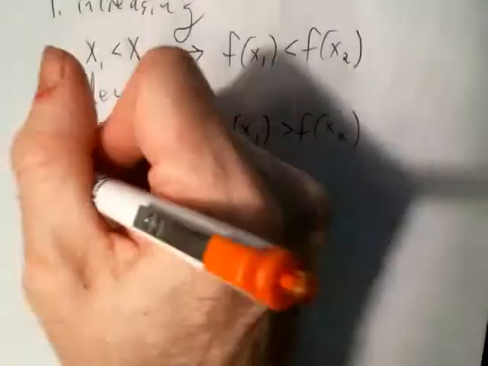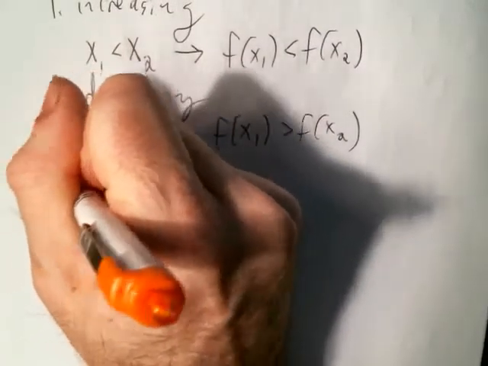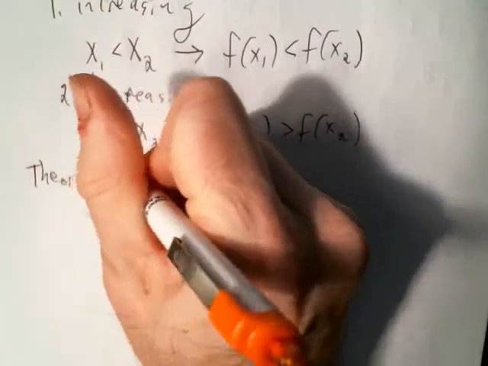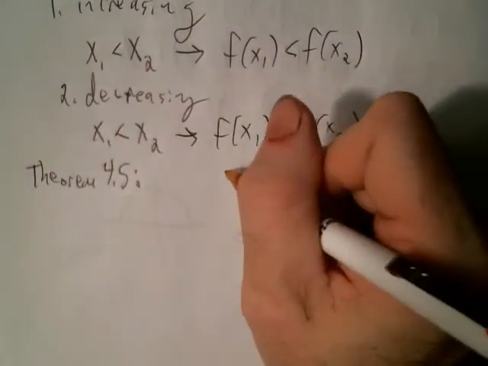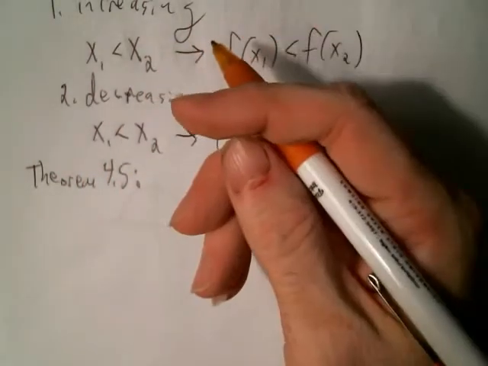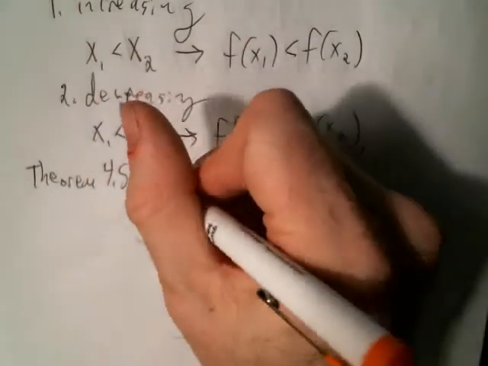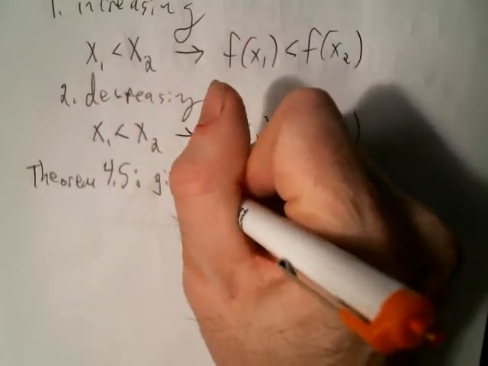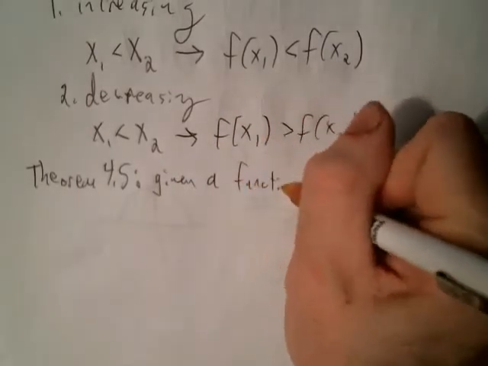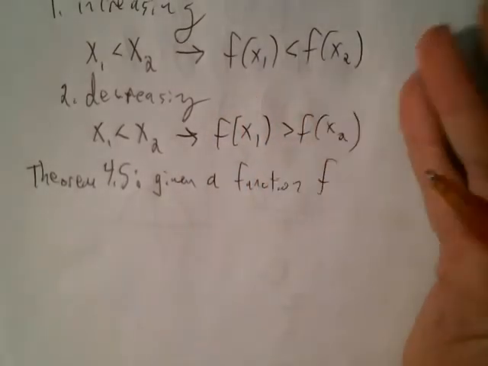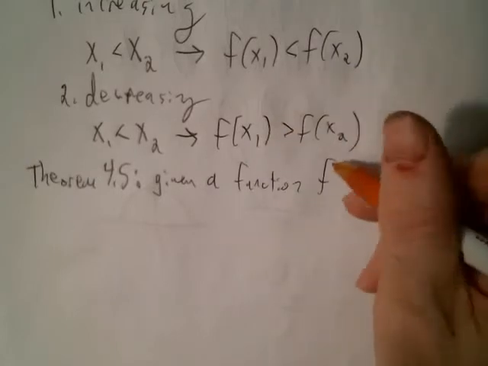So anyways, let's look at theorem 4.5. Here, the criteria will look familiar. They'll look like the familiar criteria for the mean value theorem in particular. And so we want to be given a function f that's continuous on a closed interval and differentiable on an open interval.